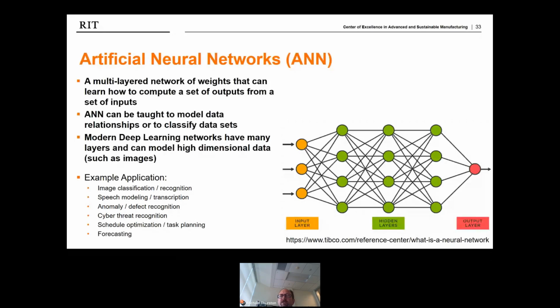So neural networks, as I mentioned, are applicable to many data analysis problems. Some of those I haven't mentioned include defect identification and classification, speech recognition. They're widely used in cyber threat recognition and also can be used in schedule optimization or task planning.